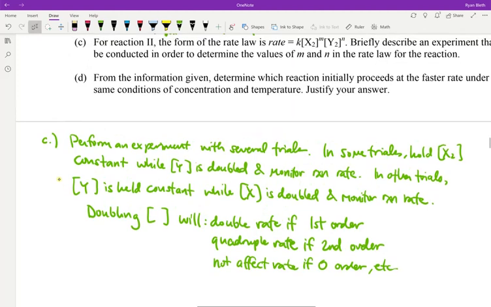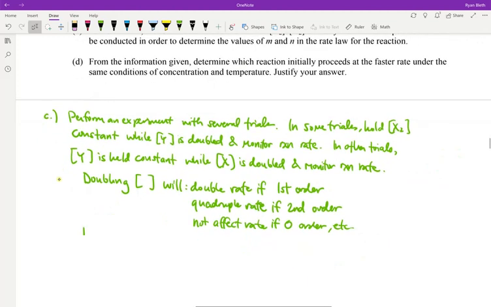And that's how we'd come up with those m and n rate orders for each of the reactants. So describing it in terms of differential rate law calculations. It's really a long way of saying use the differential rate law with several experiments.